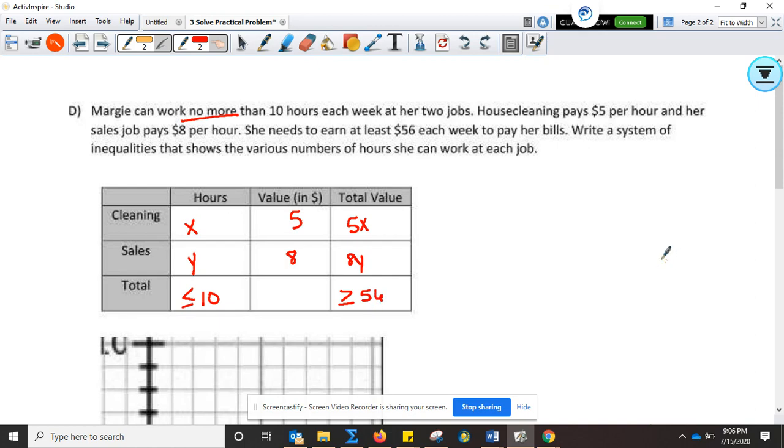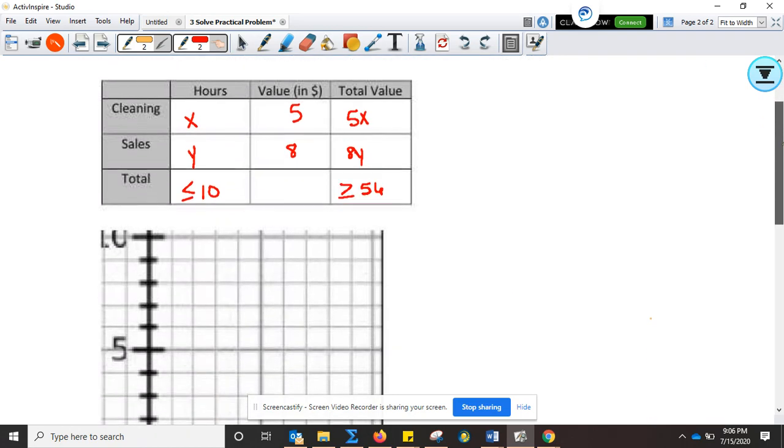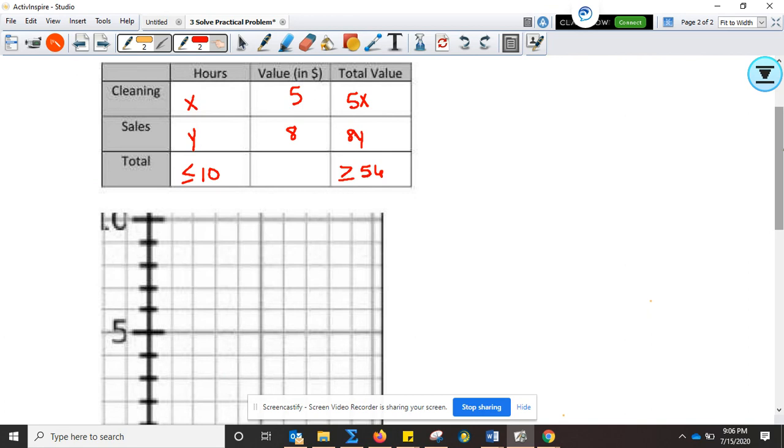All right. So I'm going to write my 2 equations and then we're going to graph them this time. So we have X plus Y is less than or equal to 10. Then we have 5X plus 8Y is greater than or equal to 56.